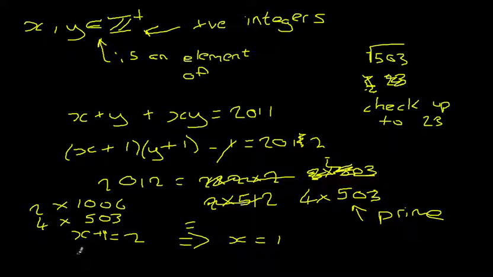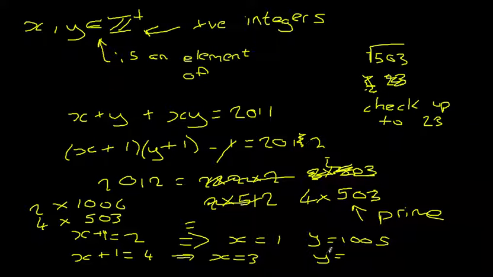Or we could have x plus 1 equals 4, which means x is 3. And then for these values we would have y plus 1 is 1006, so y is 1005. And here y plus 1 is 503, so y is 502. And then we can swap.